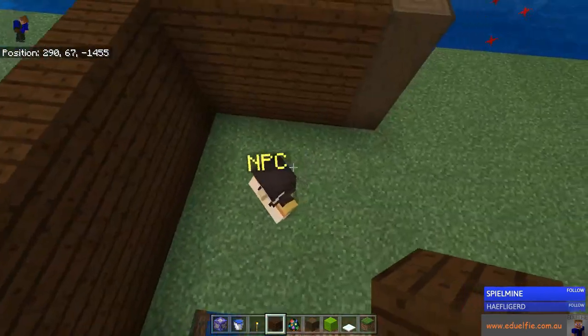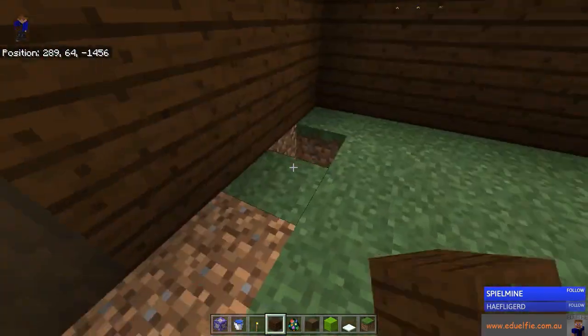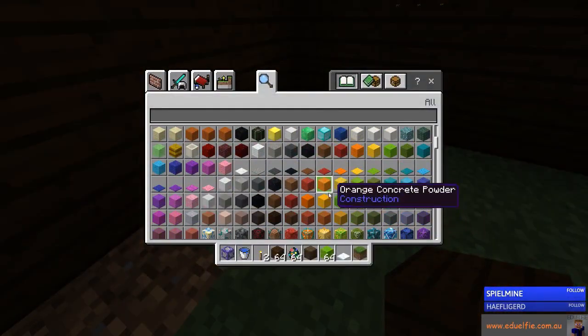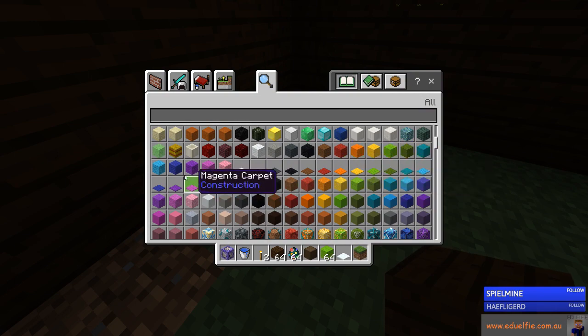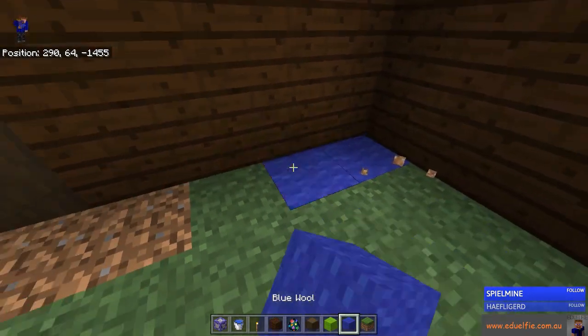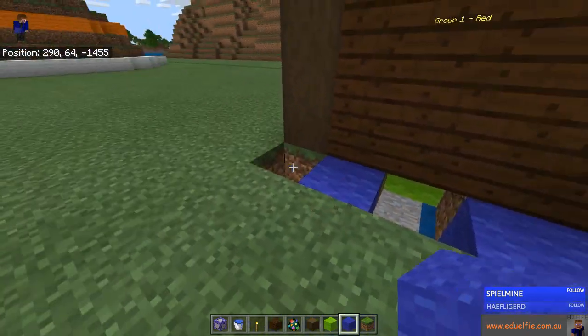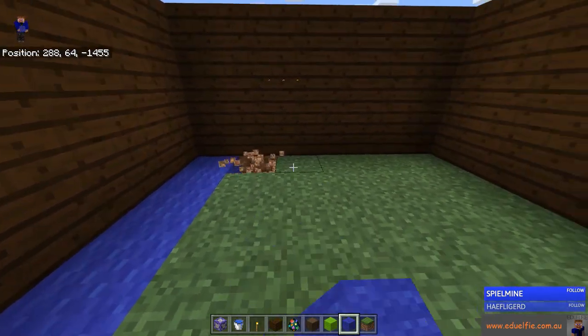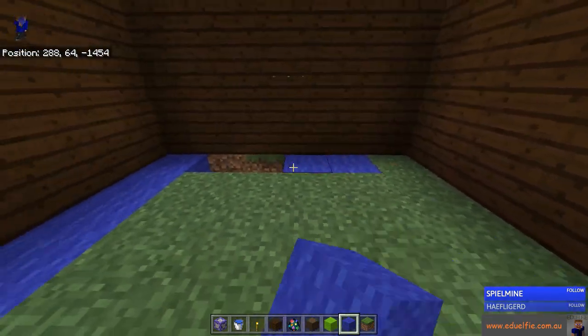So if we're building a 5x5, you're going to have to shift over 1 too. So what colour are you going to be? We got red, green, let's go with blue. I don't want snow anymore. 4, 5. 5.